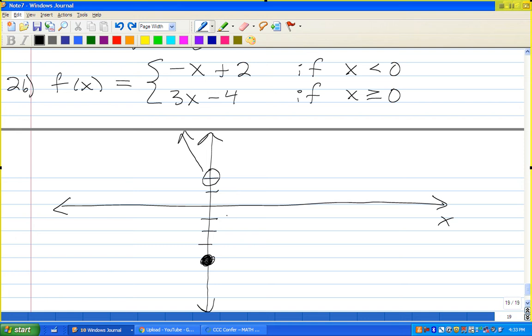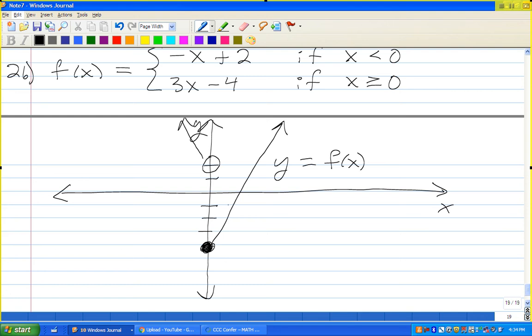Okay, so it goes through right there. And that is the graph of y equaling f of x. So for x greater than 0, it has a slope of 3, and for x less than 0, a slope of negative 1.